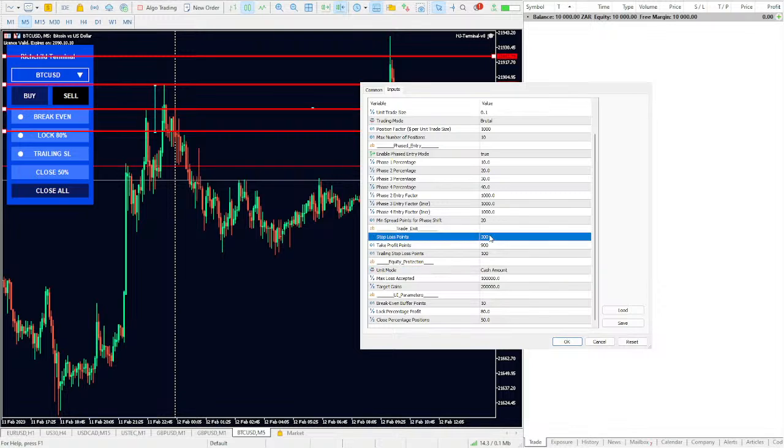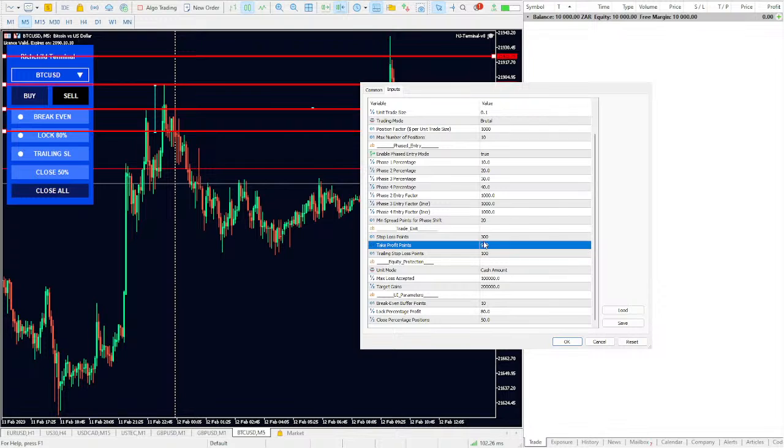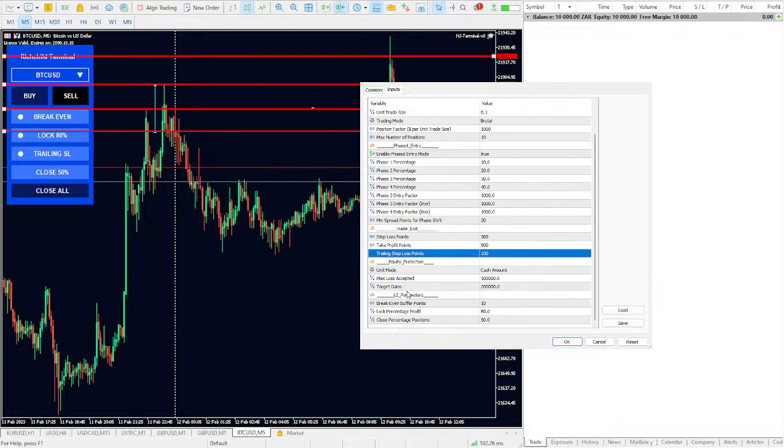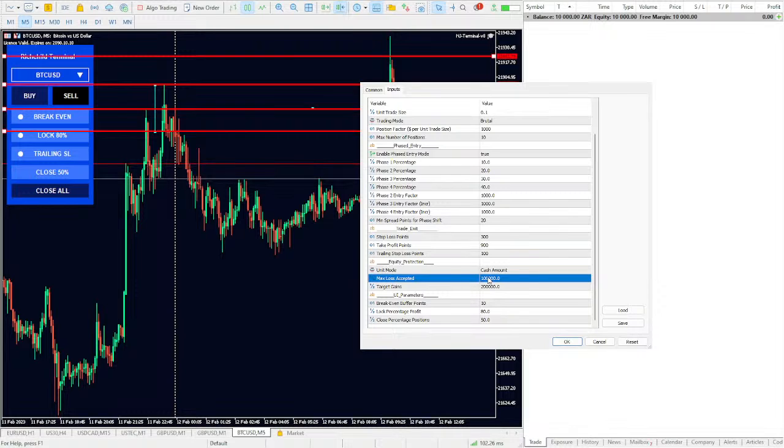Remember guys, your stop loss could be very high and also your take profit could be very high, but now equity protection gives you the mindset whereby you can put your values here, the money that you are willing to accept as profit or the money that you're willing to accept as loss. So max accepted loss, this is the maximum amount that you accept.